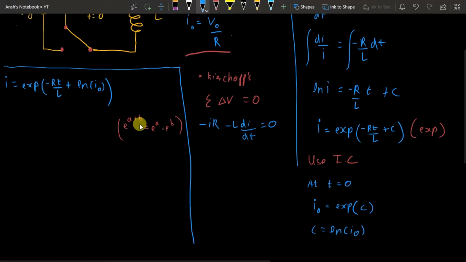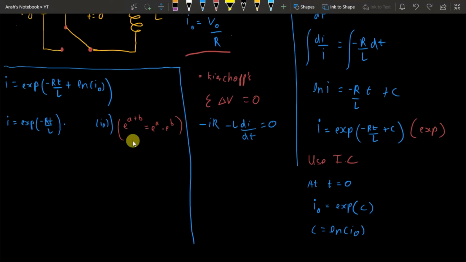So we can write the right hand side in this equation as exponential of minus RT over L into exponential of ln I naught. And in this second term, the exponential and the logarithm cancel out.